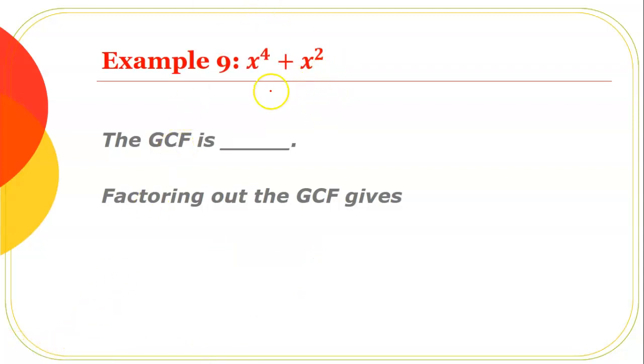Now x to the fourth and x squared. Neither term has coefficients, but this has 4 x's and this has 2 x's, which means they have 2 x's in common. So we're going to take out an x squared. If I take 2 x's away from x to the fourth, that leaves behind 2 x's.